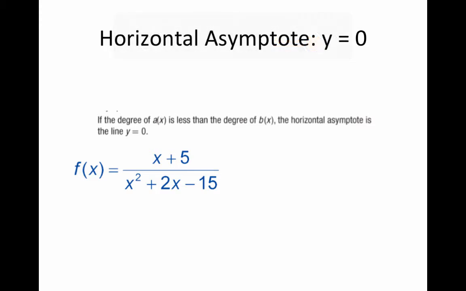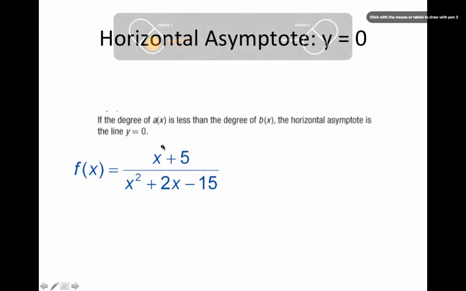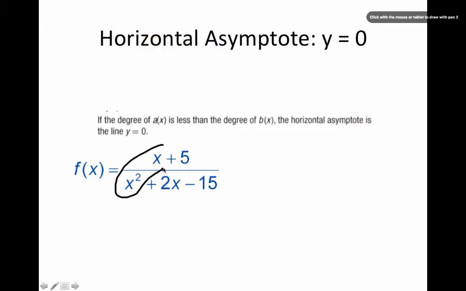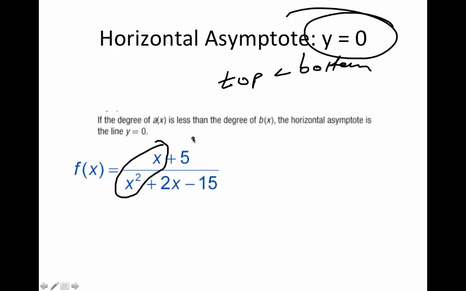Next one. If the degree of A of x, or the top, is less than the degree of the bottom, then the asymptote will always be y equals 0. Again, you're going to examine these two. Degree 2, degree 1. If the top is less than the bottom, then we have y equals 0.